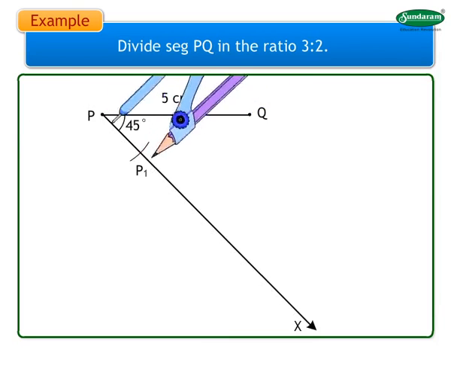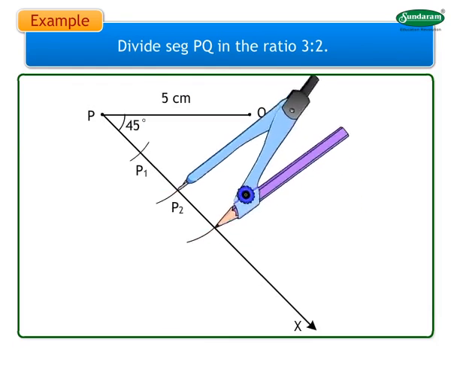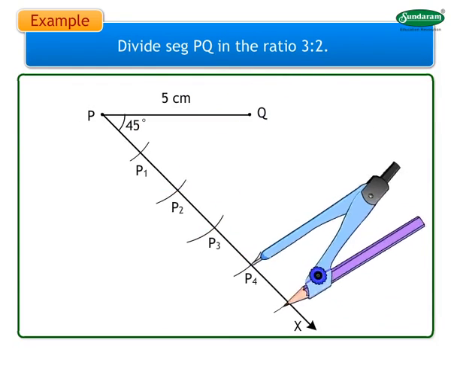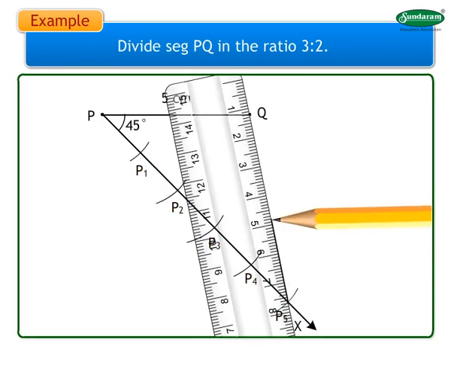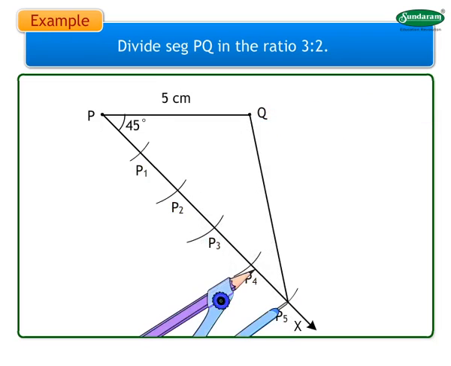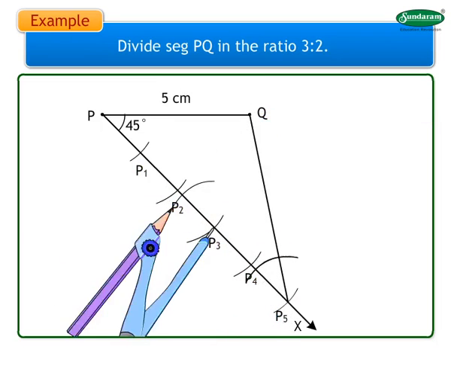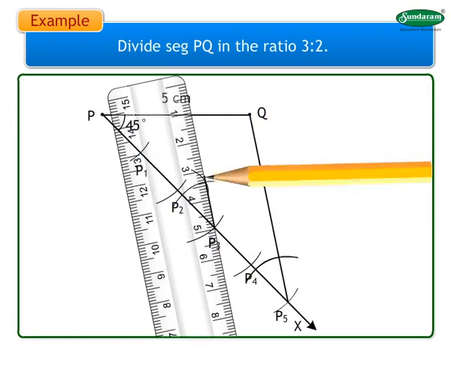Locate the 5 points P1, P2, P3, P4, P5 on PX such that PP1 is equal to P1P2 is equal to P2P3 is equal to P3P4 is equal to P4P5. Join QP5. Now, through the point P3, draw a line parallel to QP5.